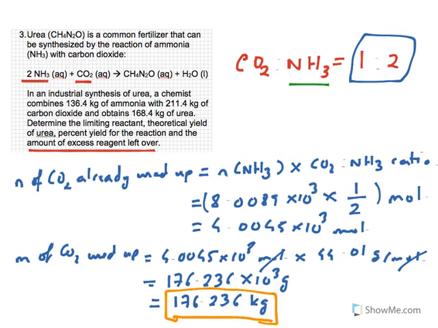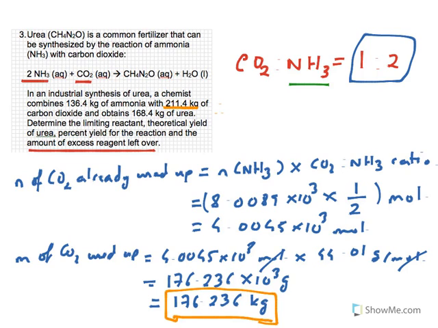So we reacted 211.4 kilograms of carbon dioxide in the beginning, and it appears that 176.236 kilograms of carbon dioxide was used up in the reaction. So we can say that the mass of carbon dioxide that's left over will basically be the amount that was initially used, which is 211.4 kilograms, minus 176.236 kilograms of carbon dioxide.